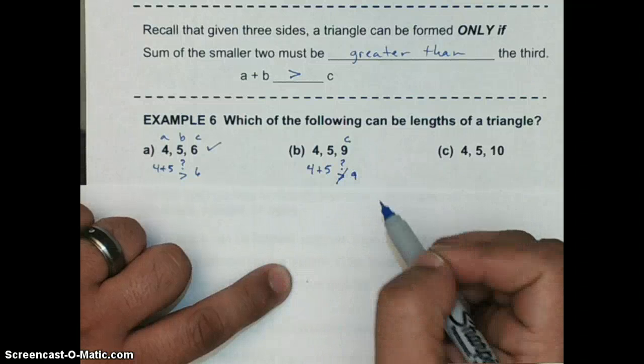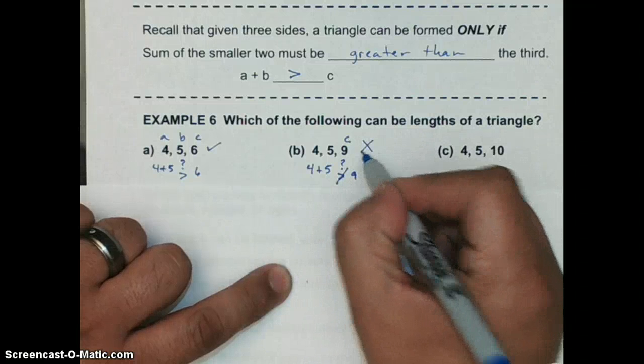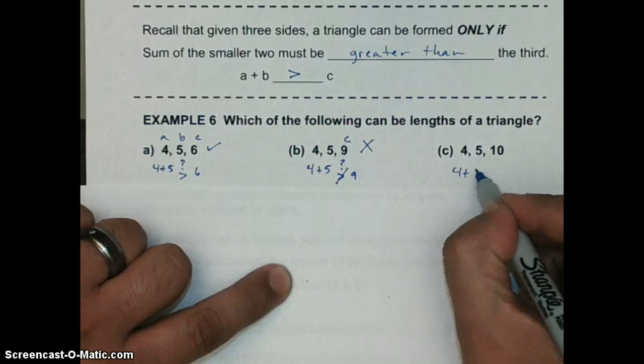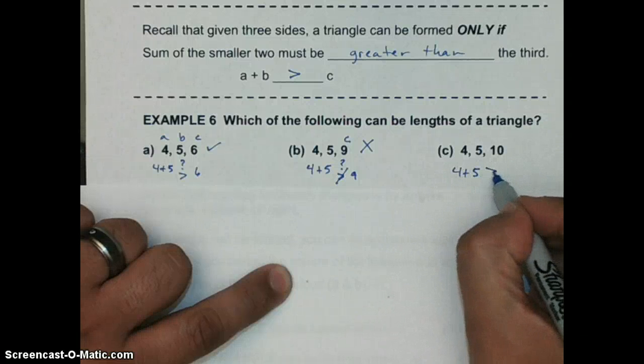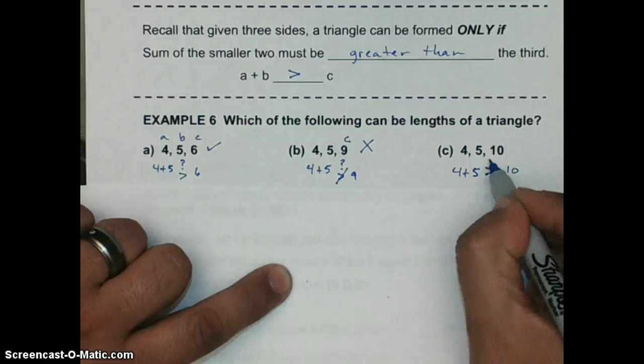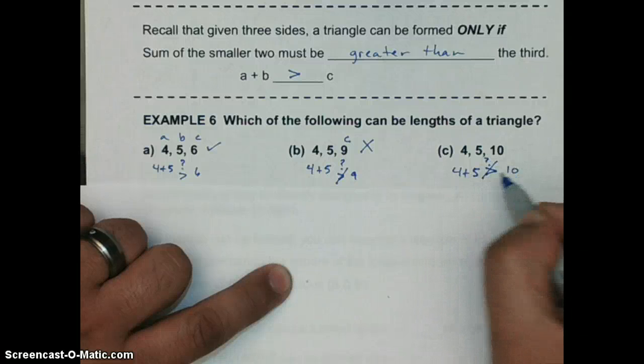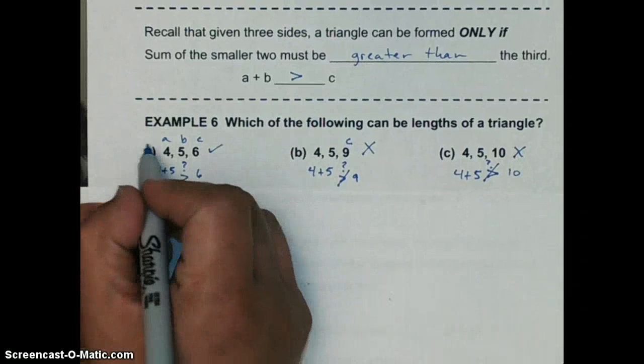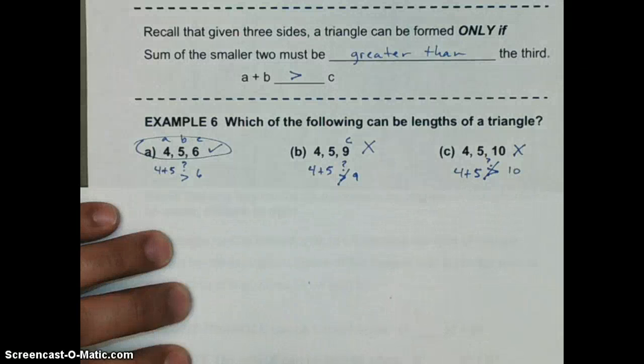This one would not be true, it would be equal, so this would not make a triangle. Same idea with this, 4 plus 5. Is that greater than 10? No. So this would also not make a triangle. The only one that would make a triangle would be A.